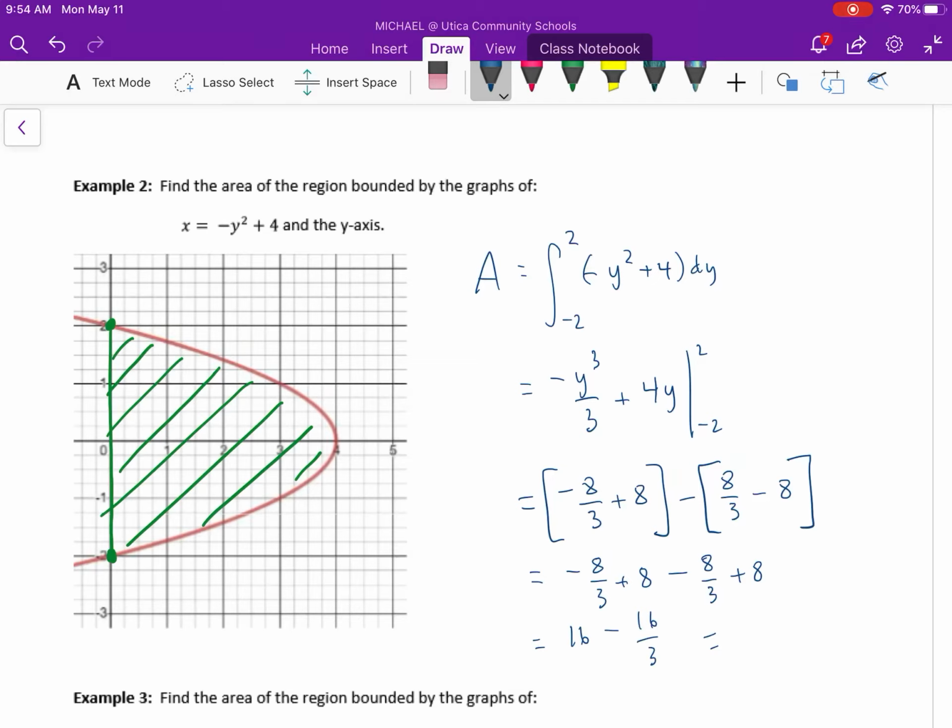And I don't know what that is without the use of the calculator. So really quickly, 16 minus 16/3 as a fraction is 32/3, or approximately 10.6 repeating, is the area under that curve.